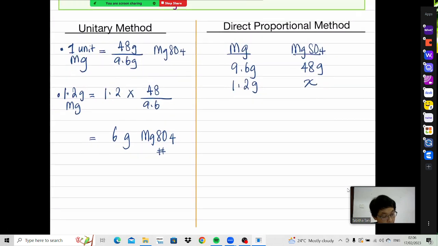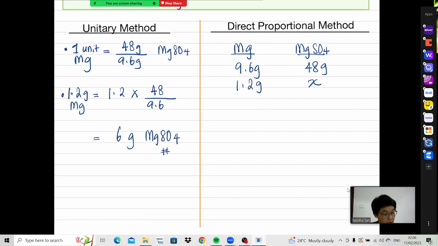So now we are just going to arrange the equation. The X you are looking for, X over 48, will be equivalent ratio to 1.2 divided by 9.6, and with one simple flip of that, multiply 48.